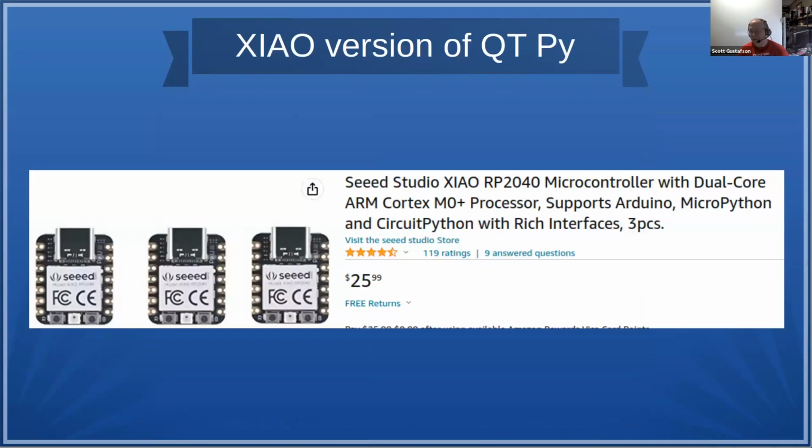Here's another vendor, Seed, who makes these XIAO compatible size. That's basically the same size as the Cutie Pie from Adafruit. Again, you can buy these at Amazon for $26 for a package of 3. So they're comparable prices.